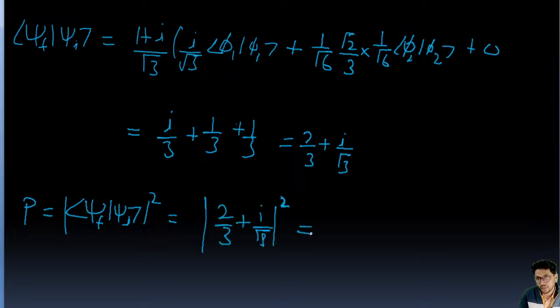After solving this we get 4 upon 9 plus 1 upon 9, and this is going to give 5 by 9. This is the answer, the probability of finding the particle in the state psi f.